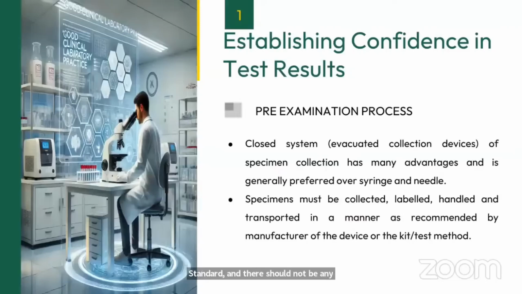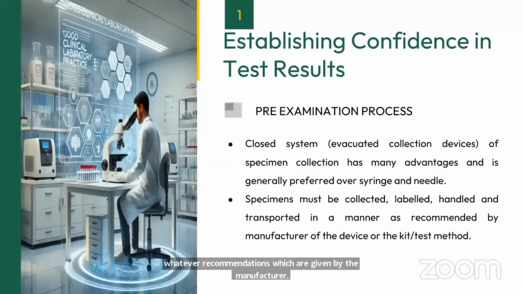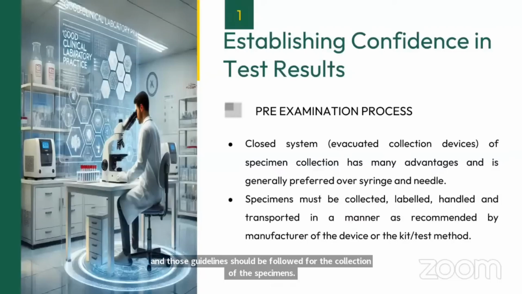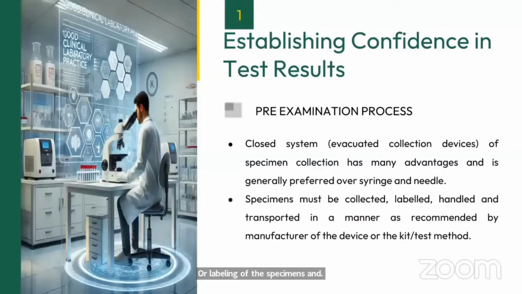Your transportation and handling activities should not cause deterioration of your analyte. So whatever recommendations are given by the manufacturers of the devices or the reagents, or what is specific to the test method which you are using in your laboratory, those recommendations and guidelines should be followed for the collection of the specimens, for labeling of the specimens, and for handling and transportation of those specimens.